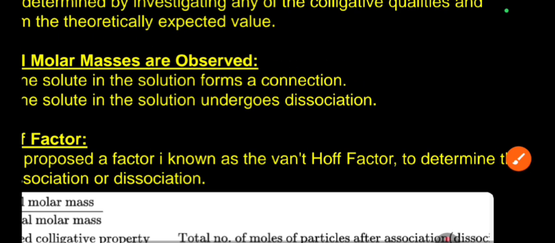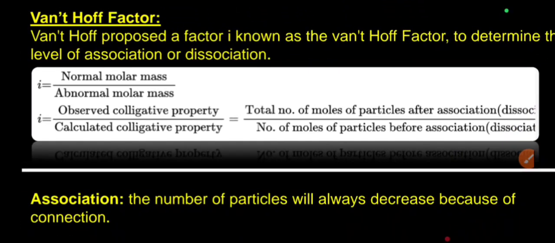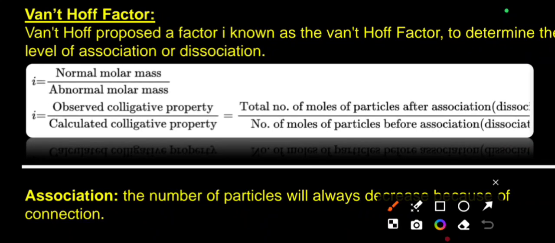One term we have is called the Van't Hoff factor, represented by i. This Van't Hoff factor is very important. Every time in the board exam it comes in some form.